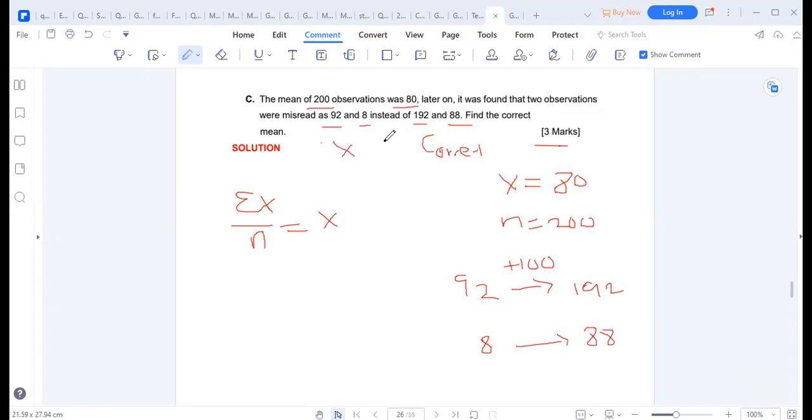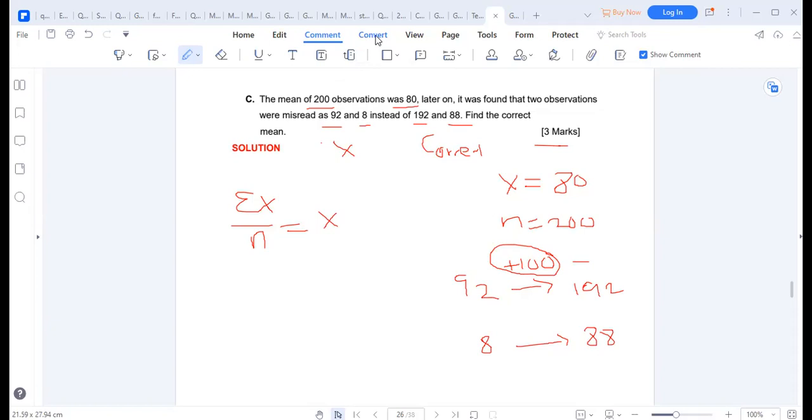So in short, here we went over by 100. So we need to do what? To subtract. So we're going to less. Here we went over by 80. Okay, we went under in short.